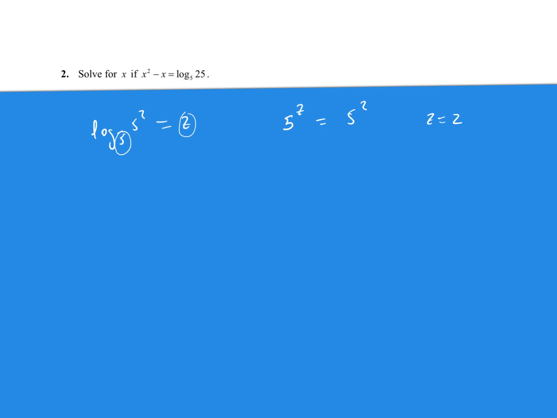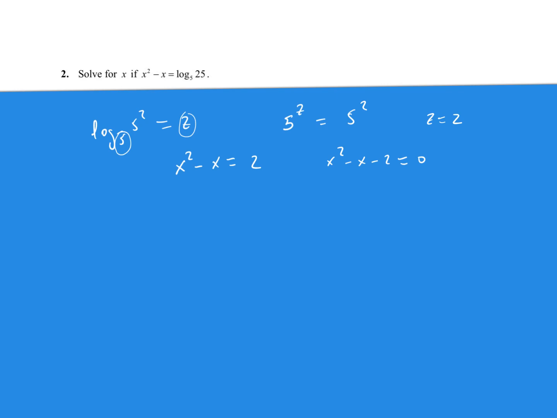So now I can write the equation. X squared minus x equal to 2. And I can solve for x. How? Using the quadratic equation. X squared minus x minus 2 equals 0.